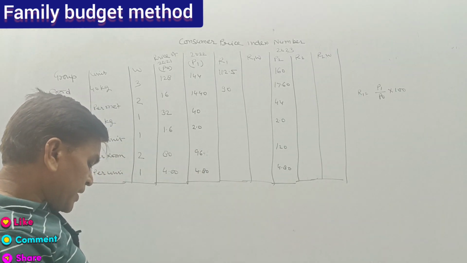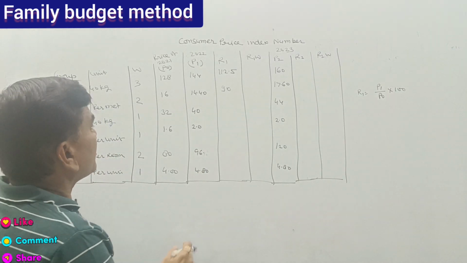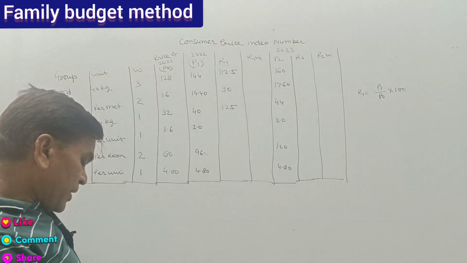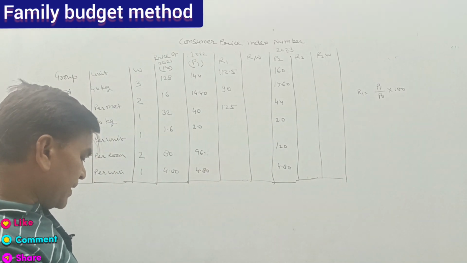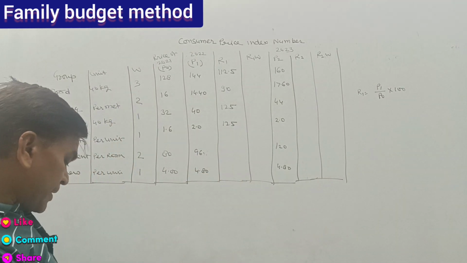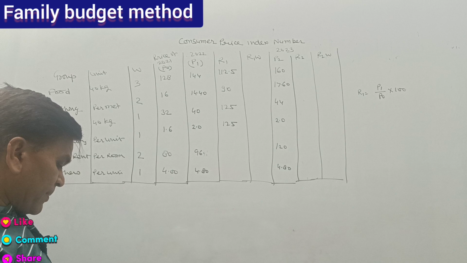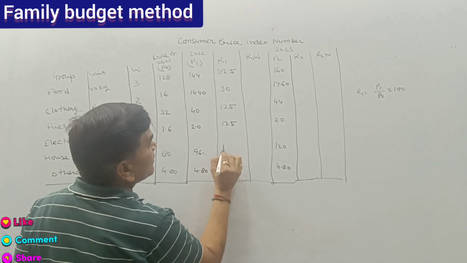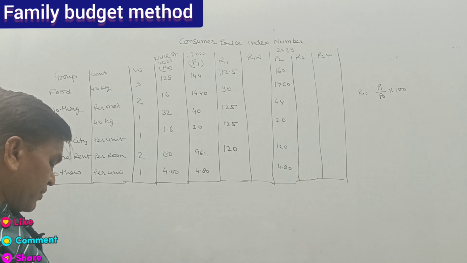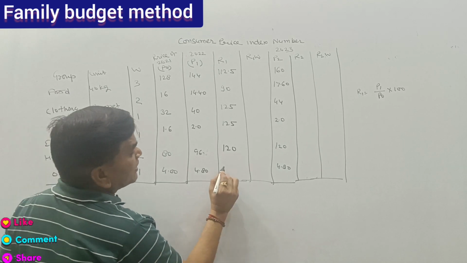Next, 40 divided by 32 multiplied by 100, that is 125. 2 divided by 1.6 multiplied by 100, that is 125. 96 divided by 80 multiplied by 100, that is 120. And 4.8 divided by 4 multiplied by 100, that is also 120.